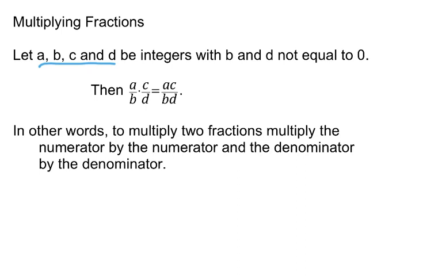Then the product of A over B times C over D is A times C over B times D. And saying that in words, what we've done is this. To multiply 2 fractions, multiply the numerator by the numerator and the denominator by the denominator, and that's all there is to it. That's how you multiply fractions.